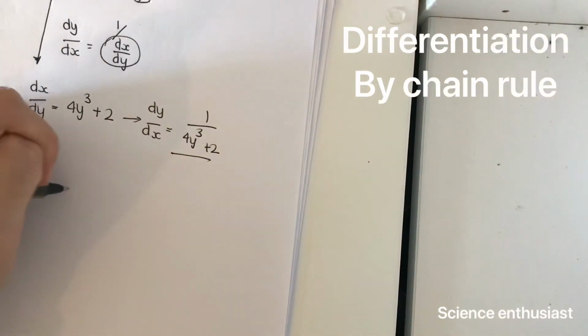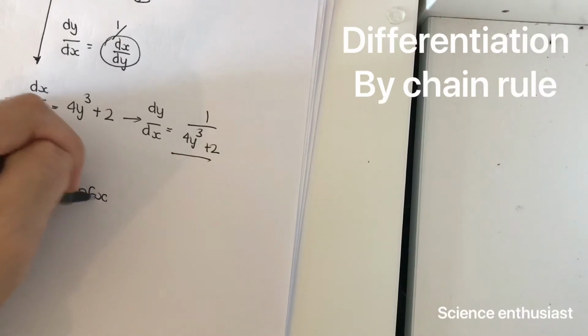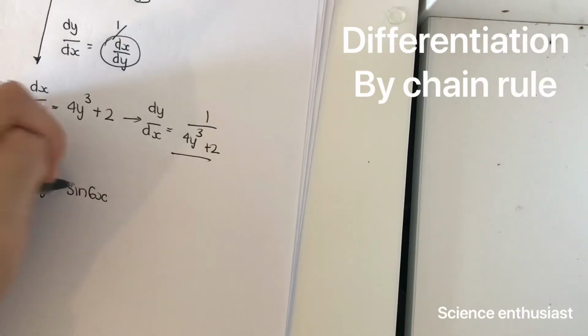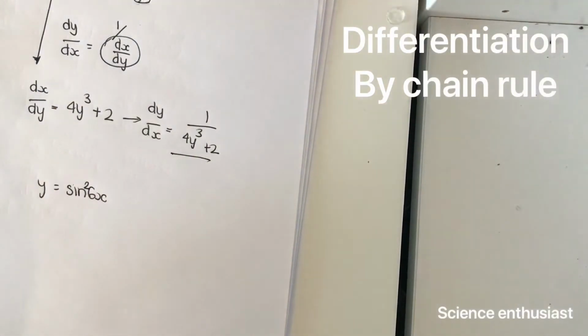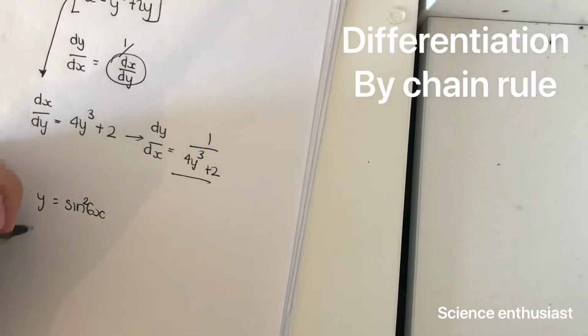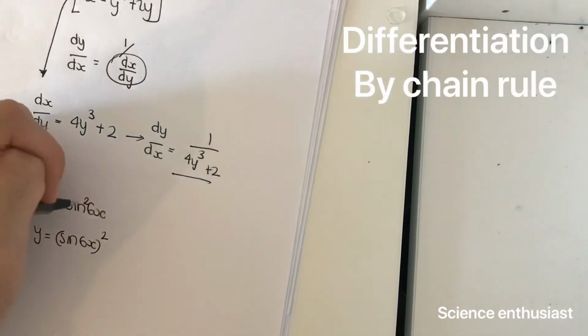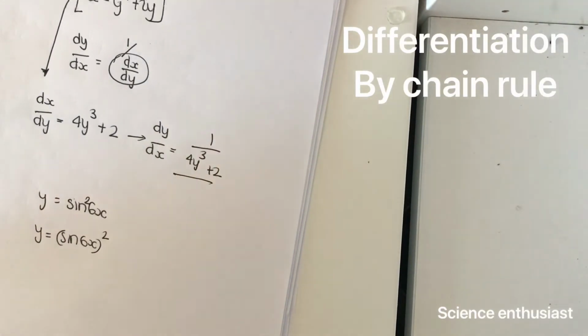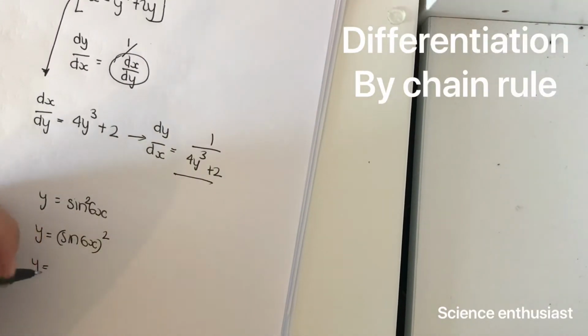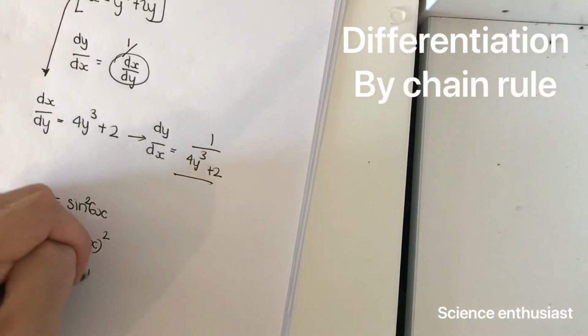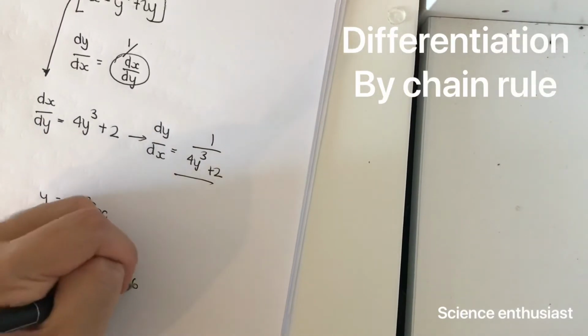So if we try another question now, y equals sine squared of 6x. We know that y equals (sine of 6x) squared. So we know that y equals t to the power of 2, where t is equal to sine of 6x.